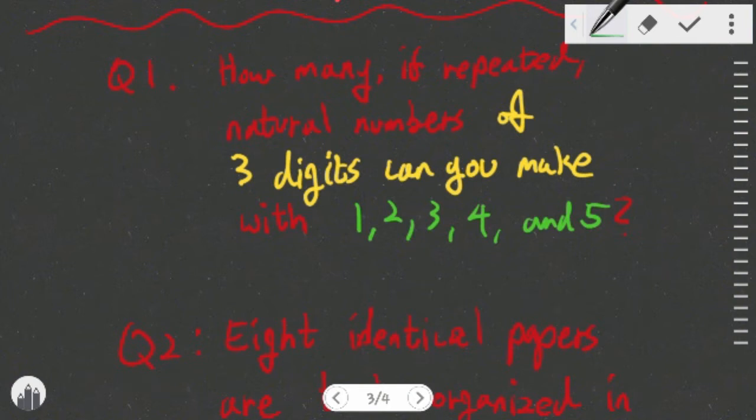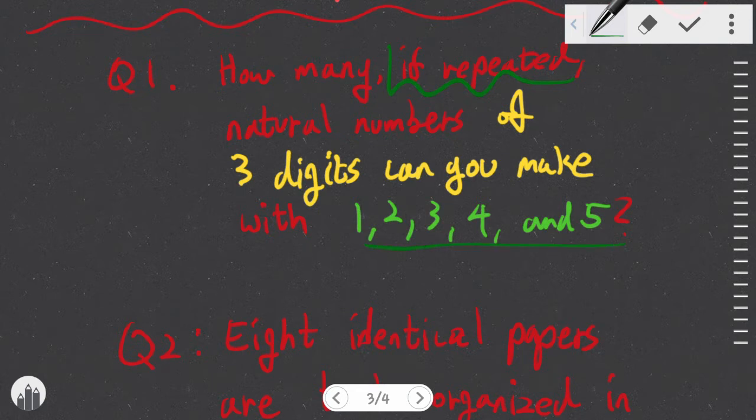So there are two questions here. Let's see which one to use the repeated permutation and which one to use the repeated combination. If repeated, how many natural numbers of 3 digits can you make with 1, 2, 3, 4, and 5? The question allows you to repeat the usage of these 5 numbers.